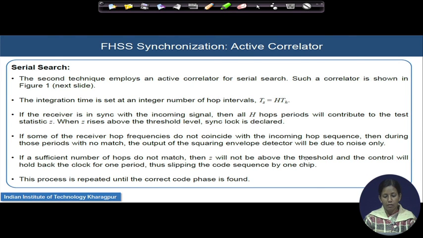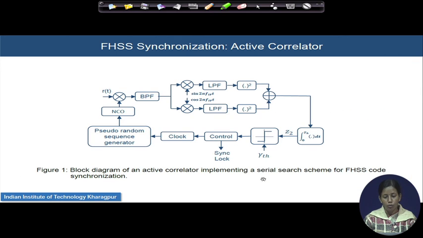Suppose none of these hops are significantly contributing to the test statistic z, then the total output of all of them won't be sufficient to cross the predefined threshold value gamma th.